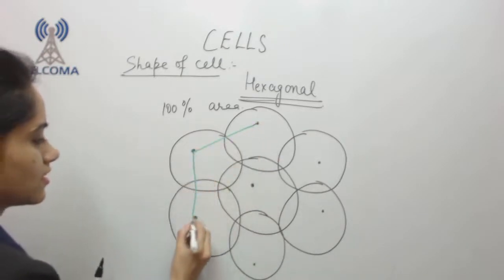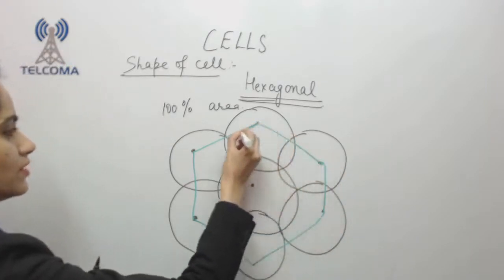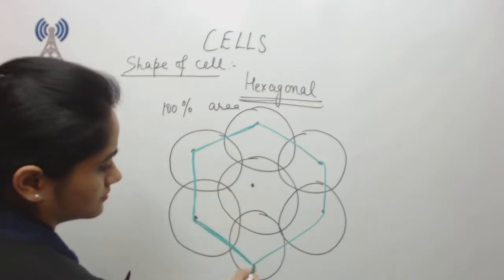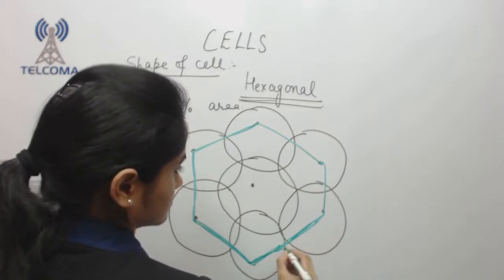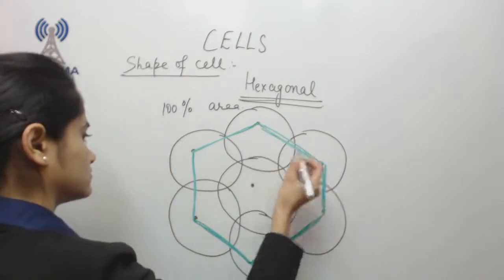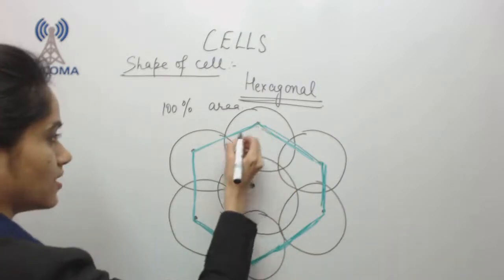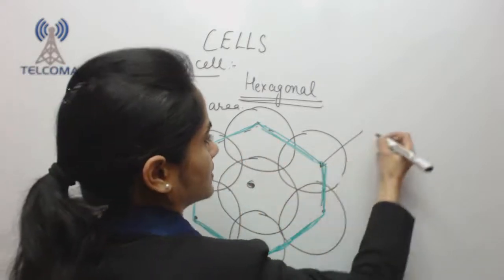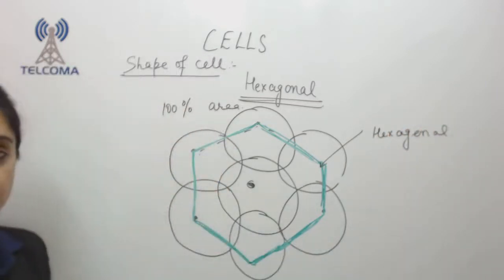When I join the center or boundary, you can see the green color. Now for this specific cell, this is a boundary, so this could be the shape of the cell. From there they have written that the shape of the cell should be hexagonal in nature.